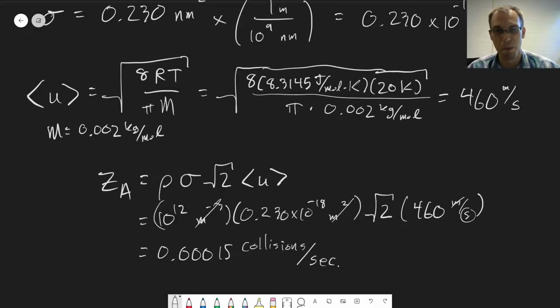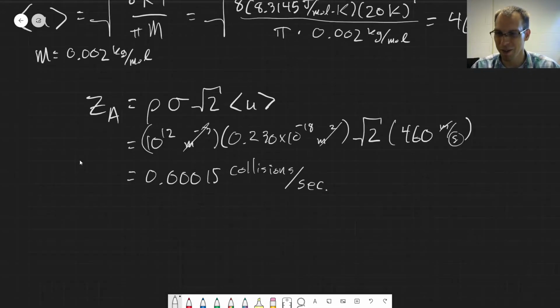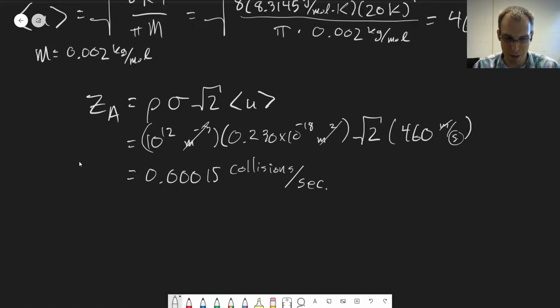Now that is much, much less than we got for the atmosphere. So in the Earth's atmosphere, we were getting billions of collisions per second. Here we're getting 1.5 times 10 to the minus 4 collisions per second. An alternative way to think of this is how many seconds does it take between collisions that happen out in space. So if we take the inverse of this, if we do 1 over this number, that'll give us the amount of time between collisions instead of collisions per second.